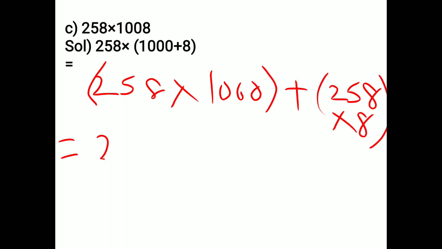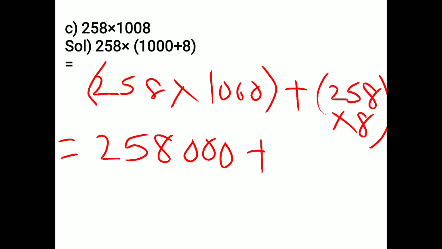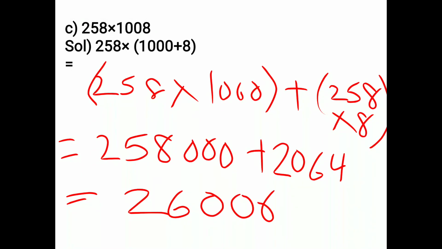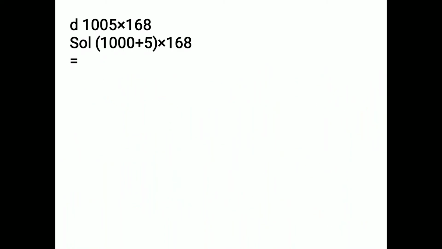So 258,000 plus 8 8s are 64, 8 5s are 40 plus 6 is 46, 8 2s are 16, 16 plus 4, 20. Now add them. The answer comes 260,064. Clear?